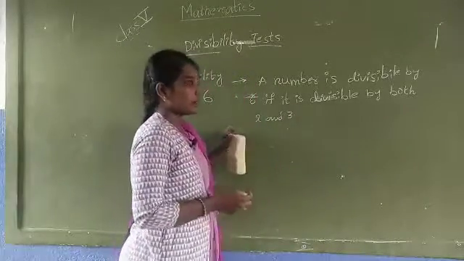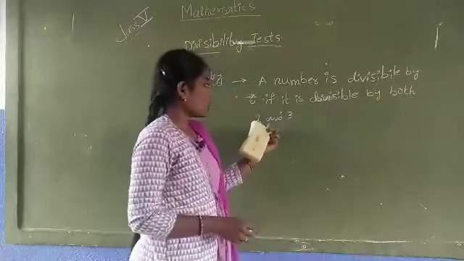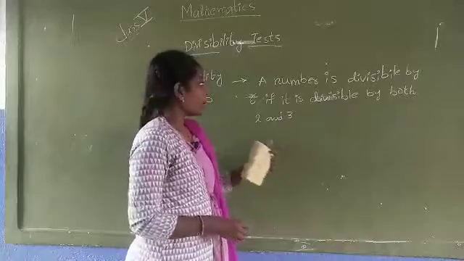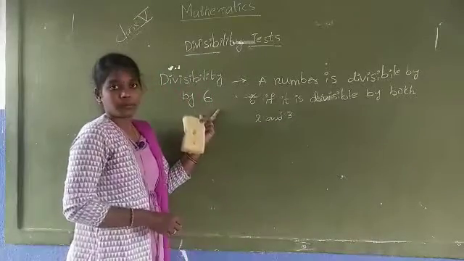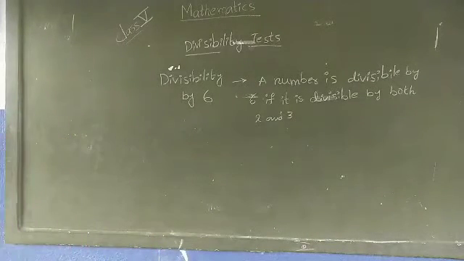A number is divisible by 6 if it is divisible by both the numbers 2 and 3, then that number must be divisible by 6.